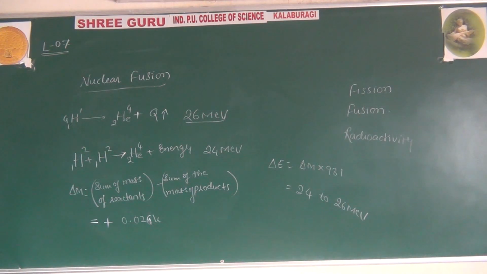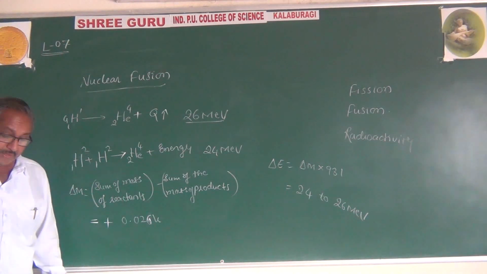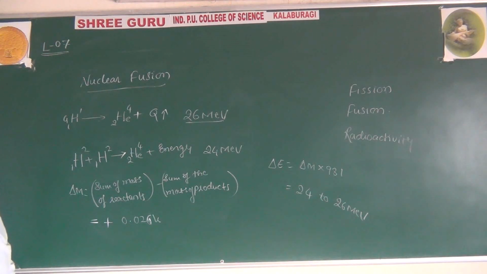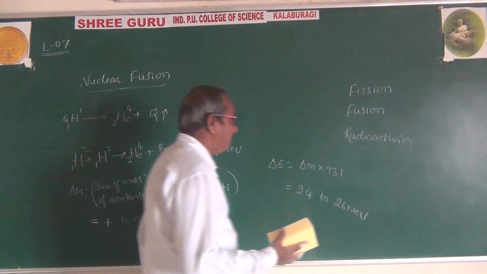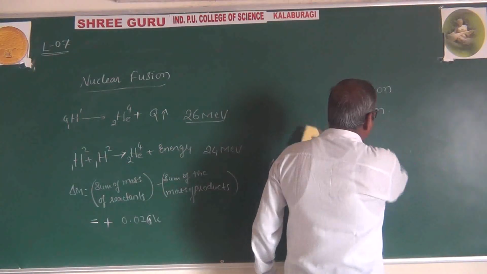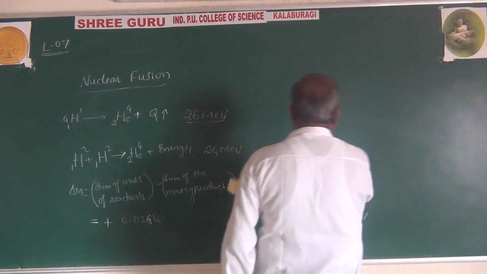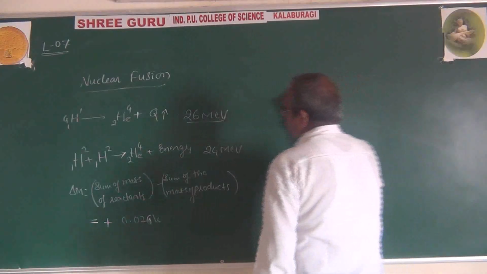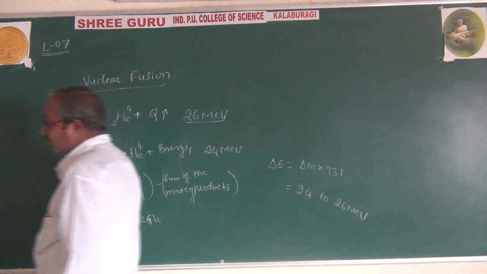Two light nuclei combine to form a heavy nucleus. And usually the energy is released during nuclear fusion, in which two light nuclei combine to form a heavy nucleus.